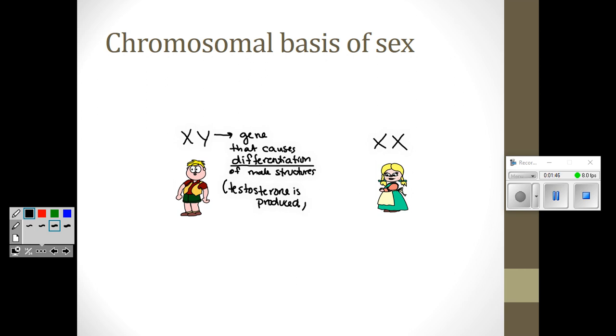Differentiation is when a cell determines what kind of cell it's going to be, when some signal tells it what to do. When a sperm fertilizes an egg, it's just one cell, and that one cell can give rise to all of the other cells that make up the human organism. So there's a gene on the Y chromosome that will cause differentiation. It will make the cells different instead of being the same.